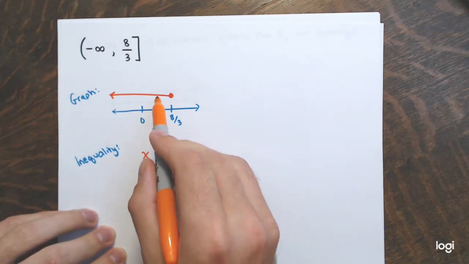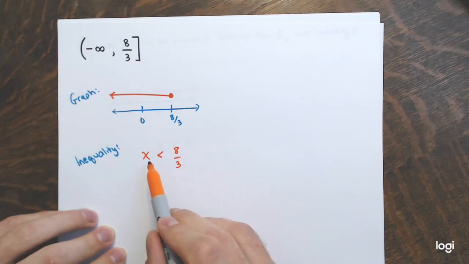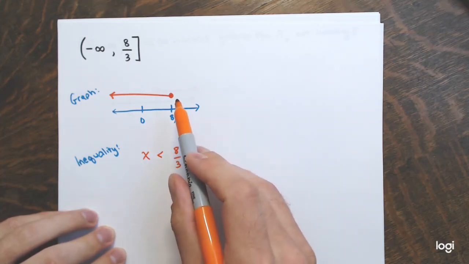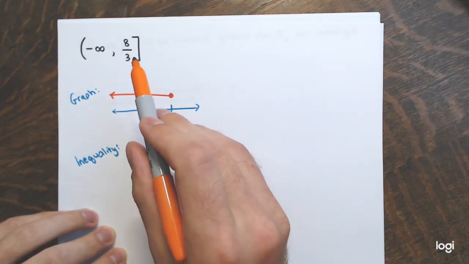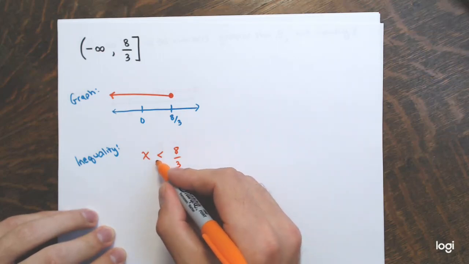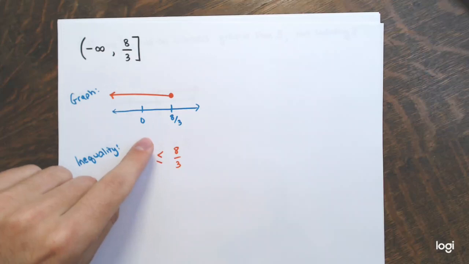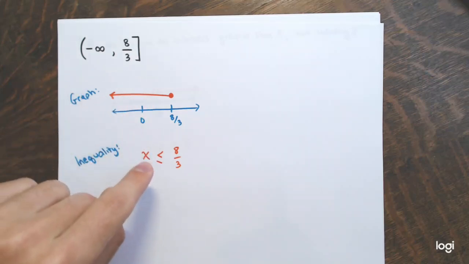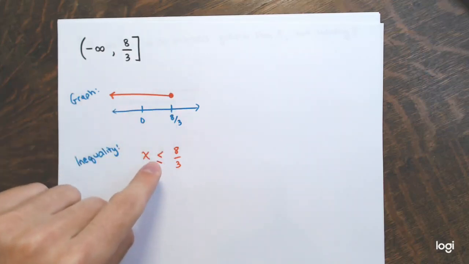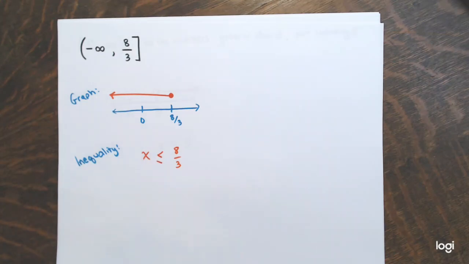All these numbers are less than 8/3. So x is less than 8/3. But we saw too that 8/3, the right endpoint, is included. So I got the or equal to added here. So the value I can replace x with is a number less than 8/3 or equal to 8/3, because that's included. That is a solution as well. All right. And there we go.